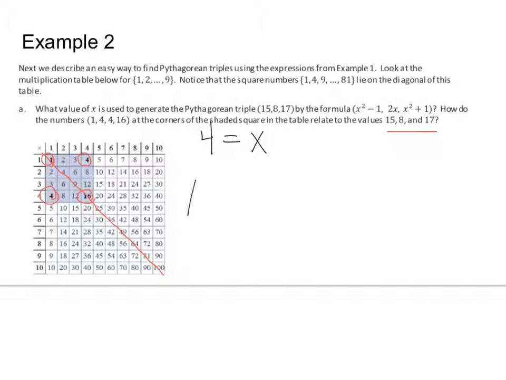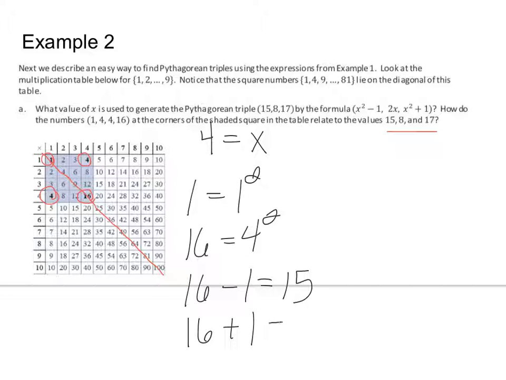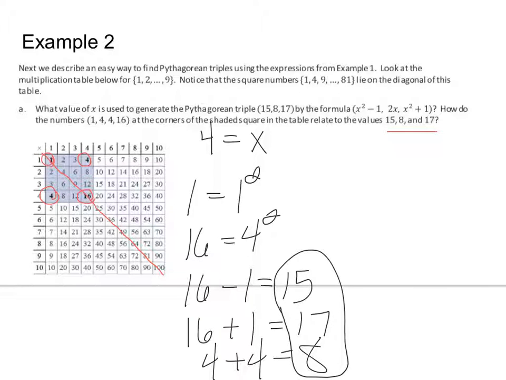We see that 1 equals 1 squared, 16 equals 4 squared, and then we can take 16 minus 1 is 15, and 16 plus 1 is 17. We also have 4 plus 4 equals 8. Cool? So I've got my numbers right there. Let's try another one.